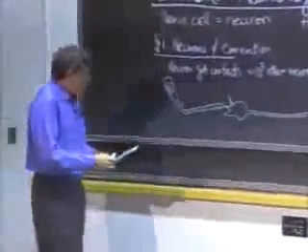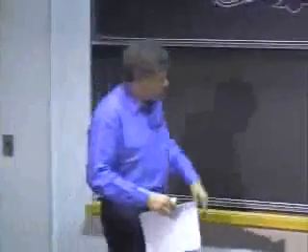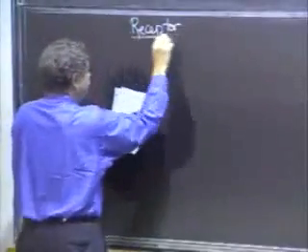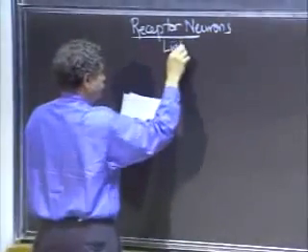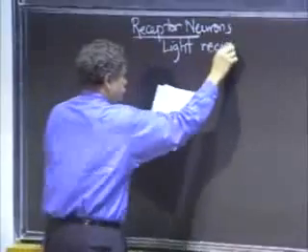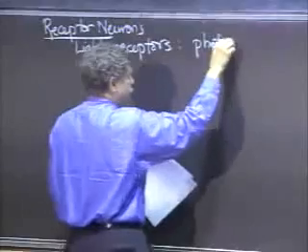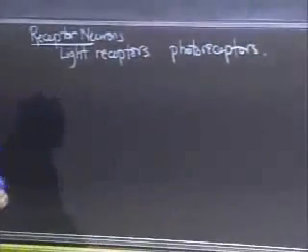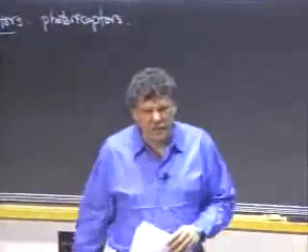So let's take a look at some of these pieces here. What kinds of receptors might we have? We might have receptor neurons that receive light, called photoreceptors. And these photoreceptors in your eye are an extraordinary piece of engineering. Do you know how sensitive a photoreceptor can be?